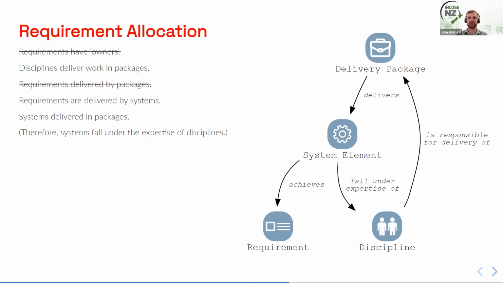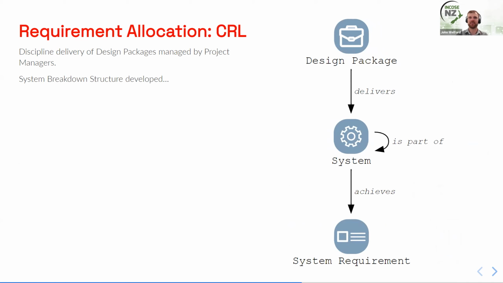So what does that look like on City Rail Link? Well, as we've said, a design package delivers a system, and we can get our system breakdown structure by saying systems are part of other systems. And the system requirement is achieved by a system.